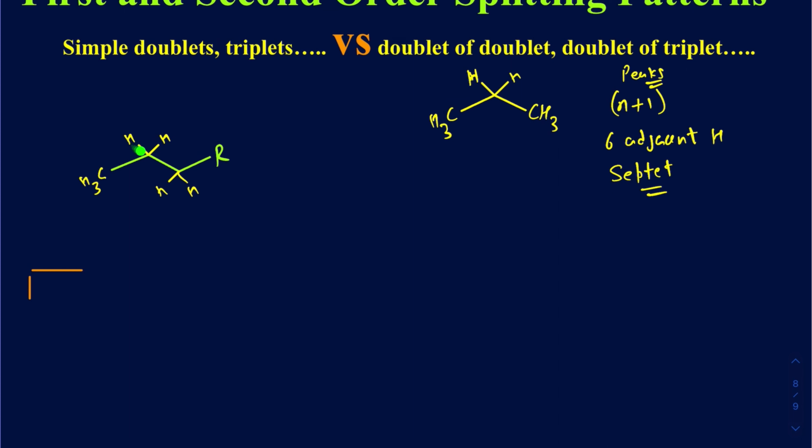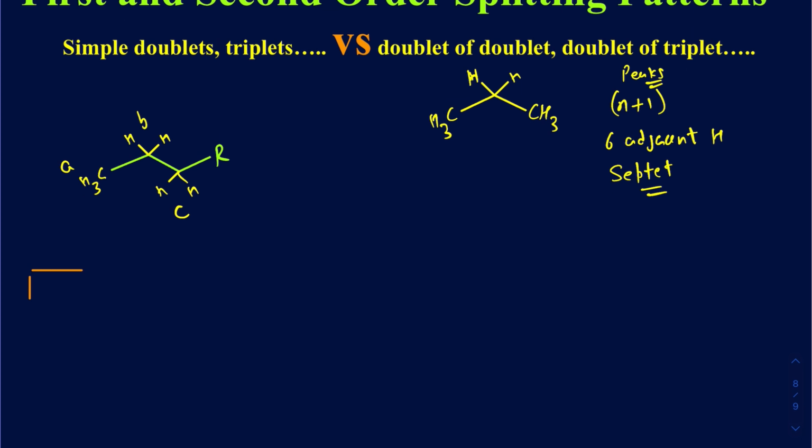To answer that question, we're going to look at how many adjacent protons this particular hydrogen has. Looking from left to right, I'm going to call these protons A, these protons B, and these protons C. When I'm looking at the splitting pattern for proton B, I know B is going to be coupling with proton C, because those are adjacent, and it's also going to be coupling with proton A.